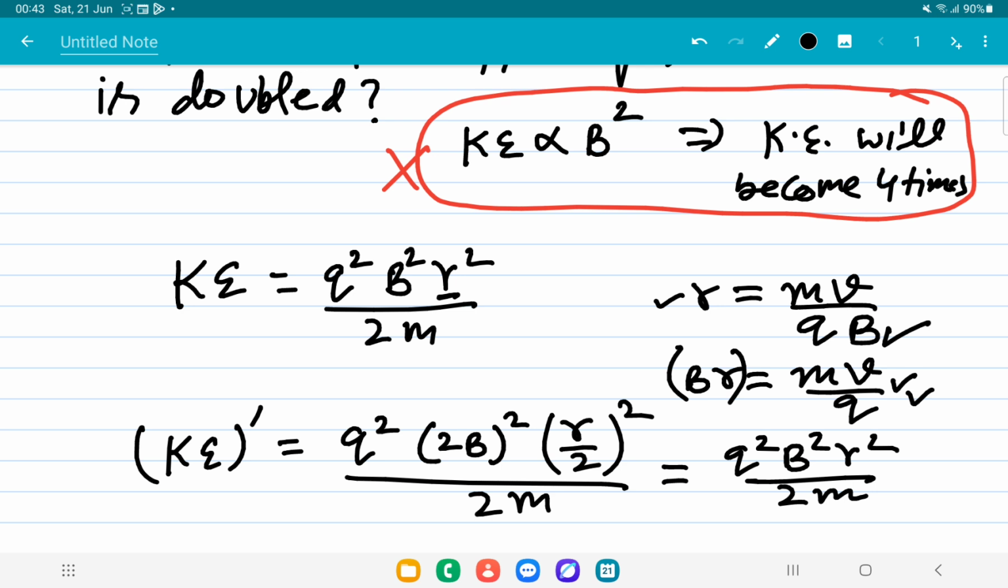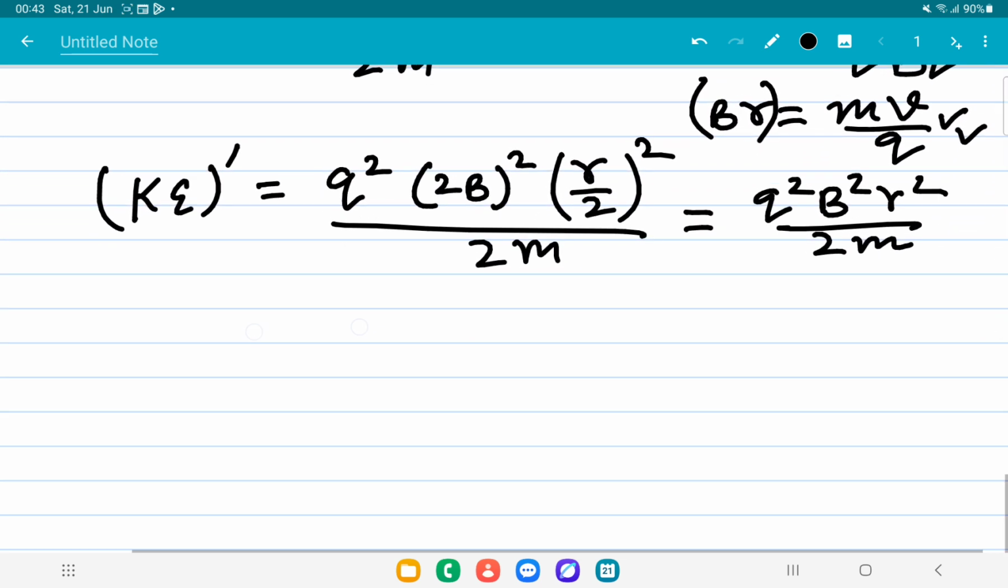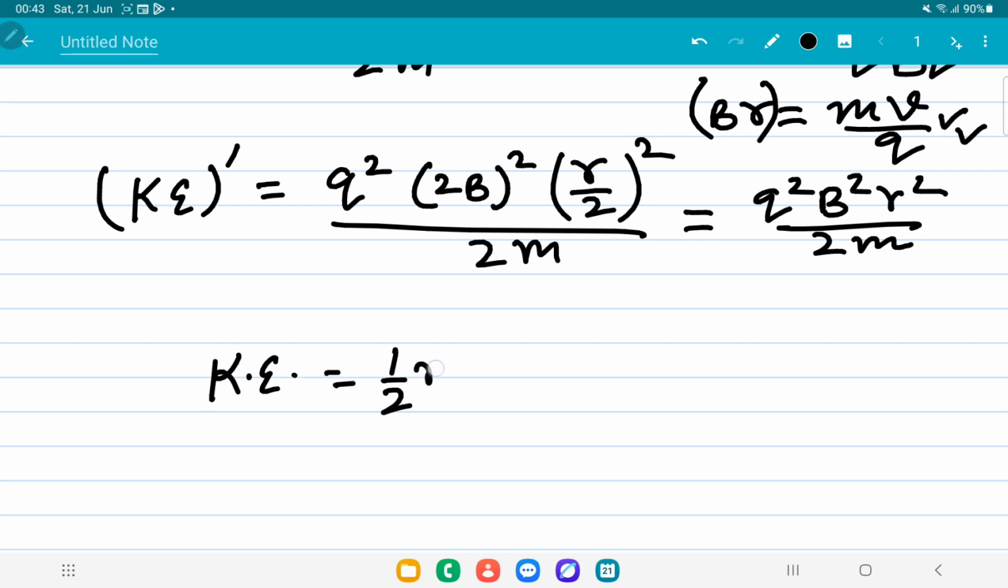And it is quite obvious that kinetic energy of the charged particle will not be affected by magnetic field, because to change the kinetic energy, speed of the moving charge shall change. Kinetic energy in general is given by half mv square. Until and unless this speed term is getting its value changed, kinetic energy cannot change.